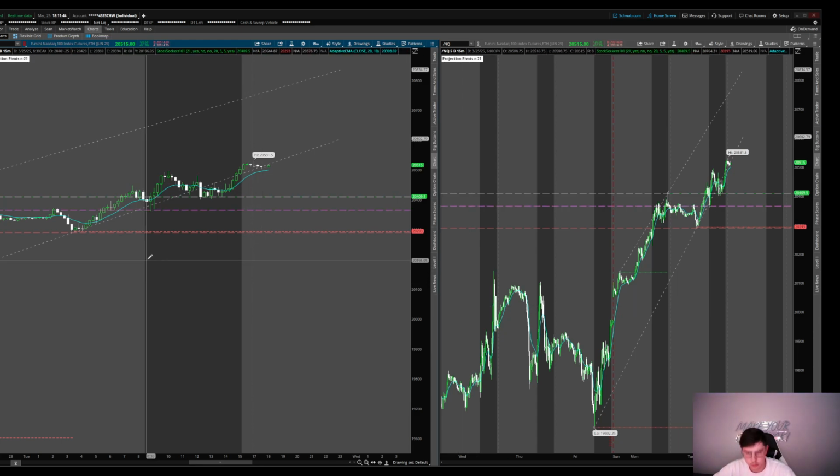Everybody put a color in. Would you want to take a short on the white line, the pink line, or the red line? Red. Okay. Why red? Give me a one-sentence description on why red. And when I say short, guys, I mean make the market go down. Break a trend.